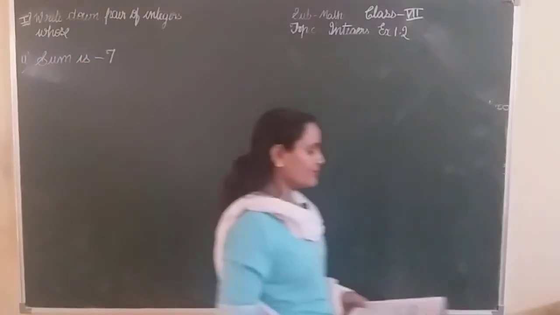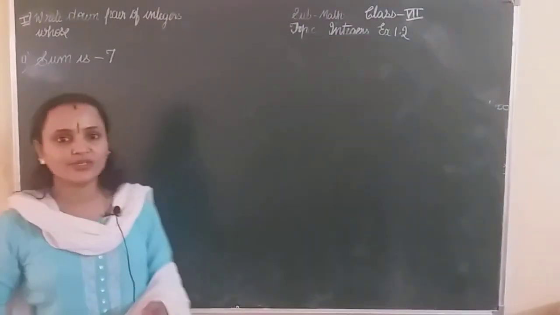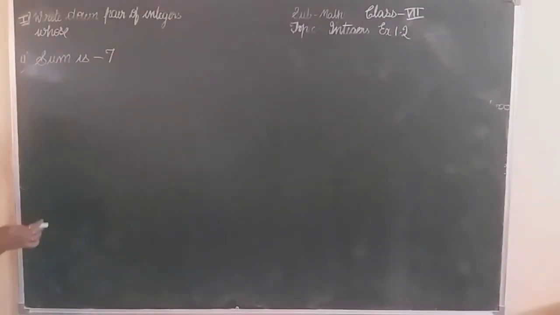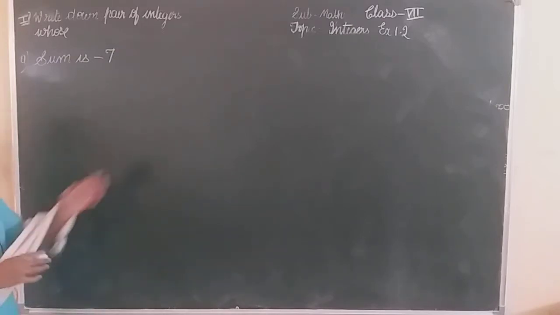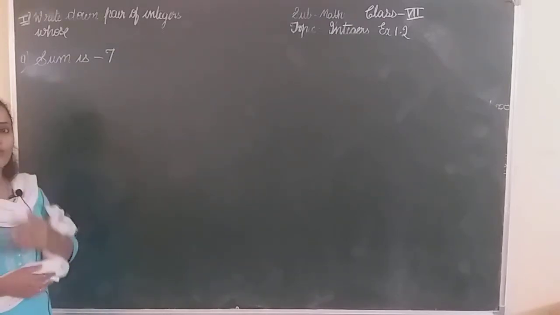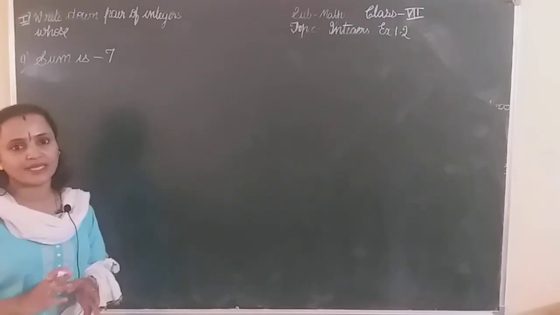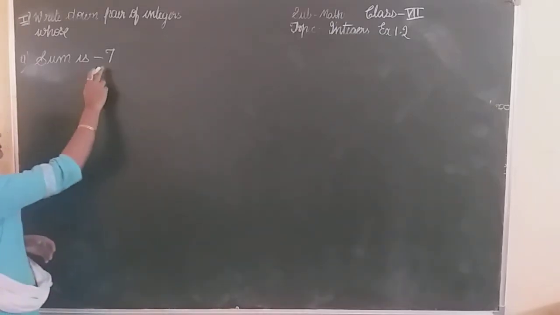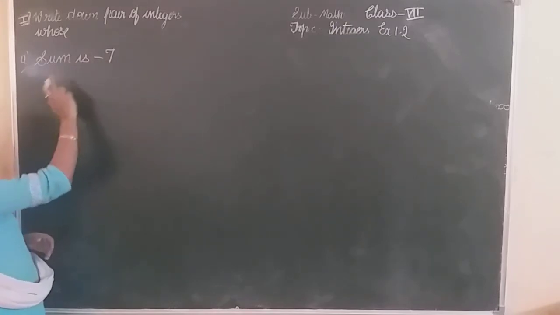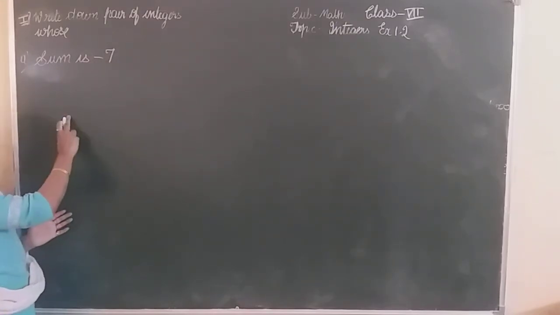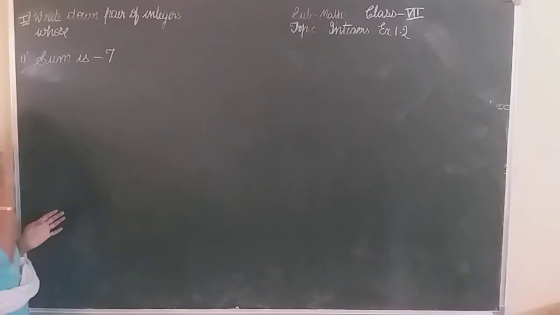Now sum, what do you mean by sum? Sum is nothing but add. When you are adding two numbers, you get -7. -7 means the bigger number will have the minus sign, because when the answer should be -7, of the two numbers you are taking, the bigger number should have the minus sign.